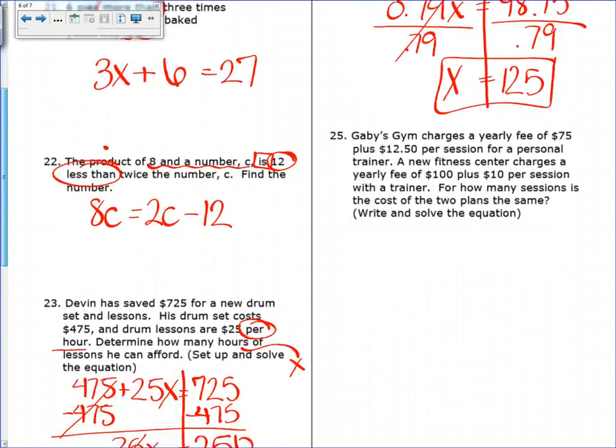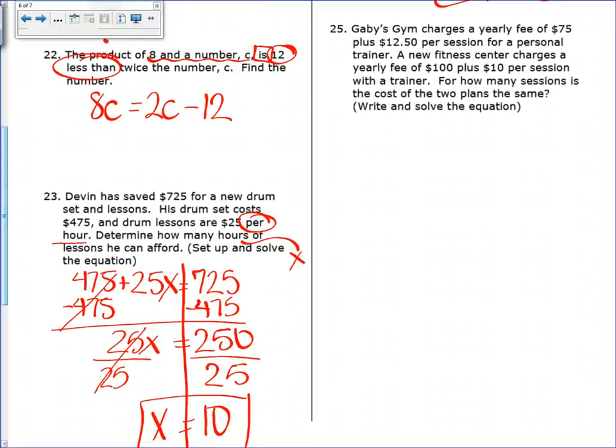And lastly, number 25, Gabby's Gym charges a yearly fee of $75 plus $12.50 per session for a personal trainer. A new fitness center charges $100 for the yearly fee and $10 per session for a new trainer. How many sessions will it cost for the two plans to be the same? So again, same means equal.